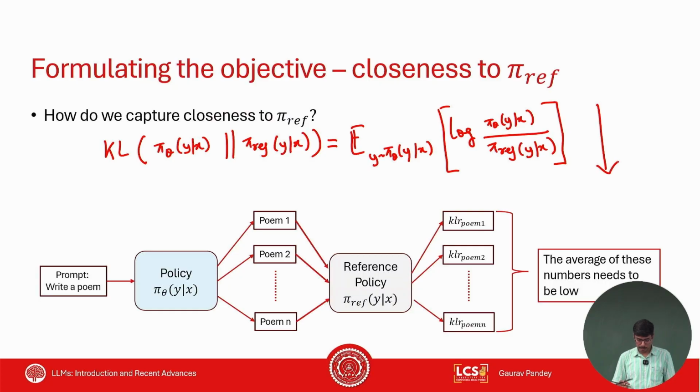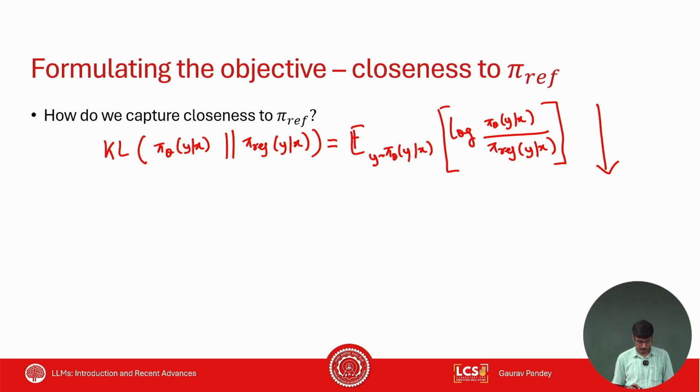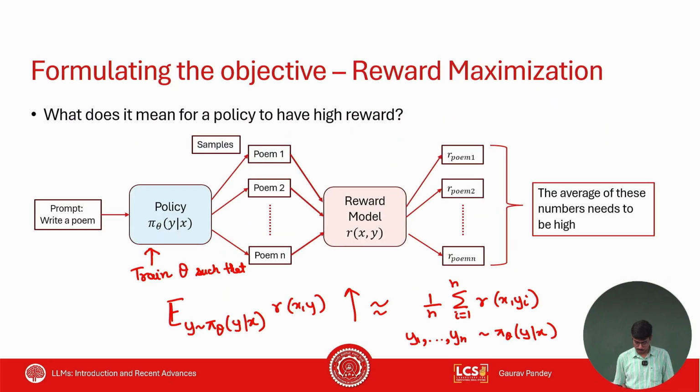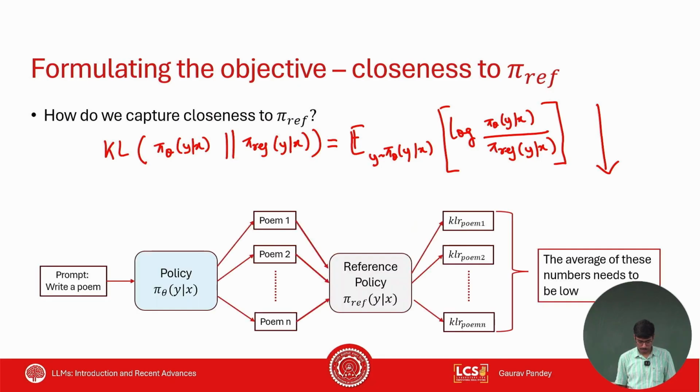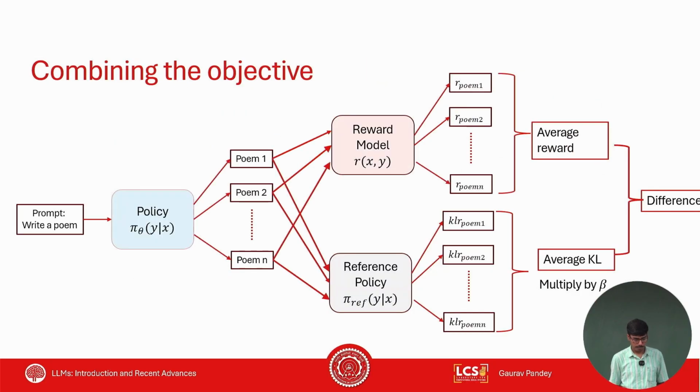So the final objective looks like a combination of the previous reward maximization objective that we saw here and the KL divergence objective that you saw here. So this is the final objective. This is how we combine the objective. We take the policy, sample the outputs from the policy.